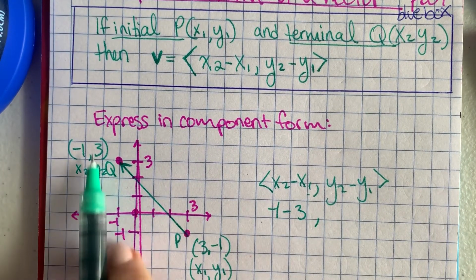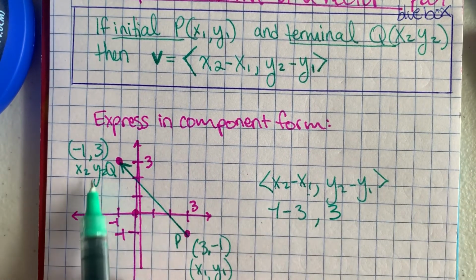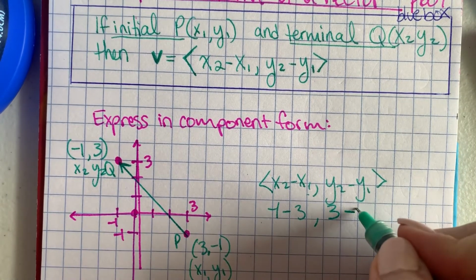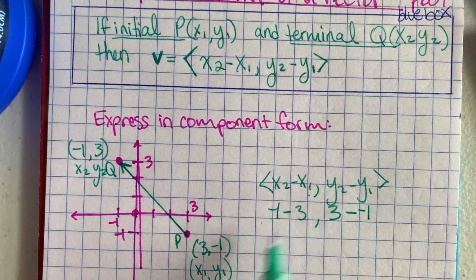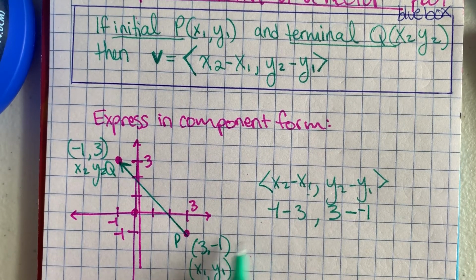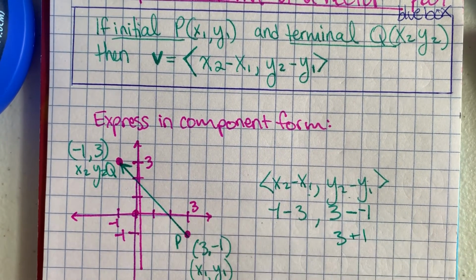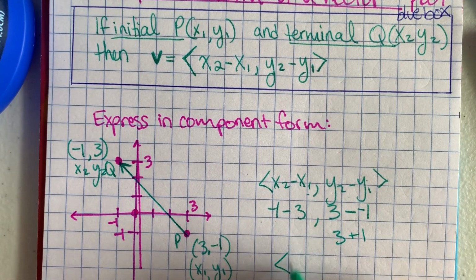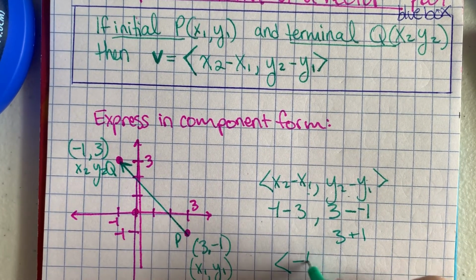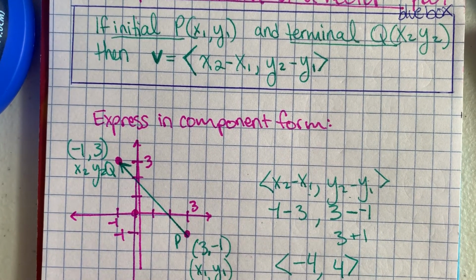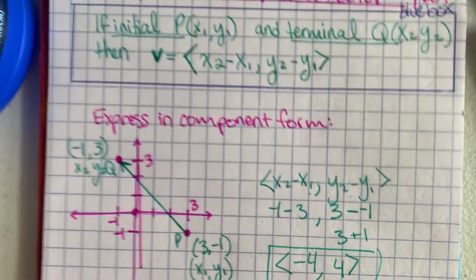And then y2 is a 3 minus y1, which is a negative 1. Careful, we're subtracting a negative 1, so that'll turn into a 3 plus 1. So our answer here, we have a negative 1 minus 3 for a negative 4, and a 3 plus 1 for a positive 4.